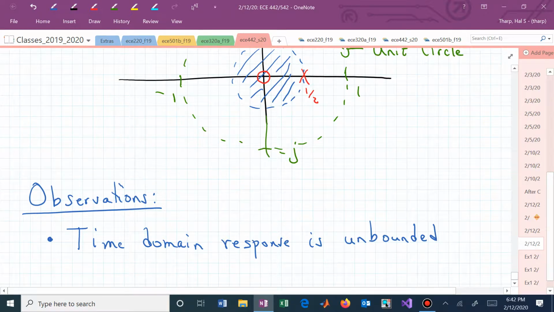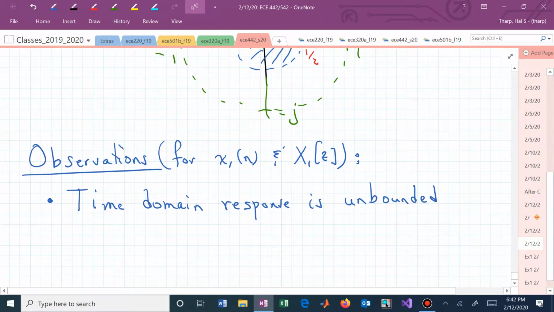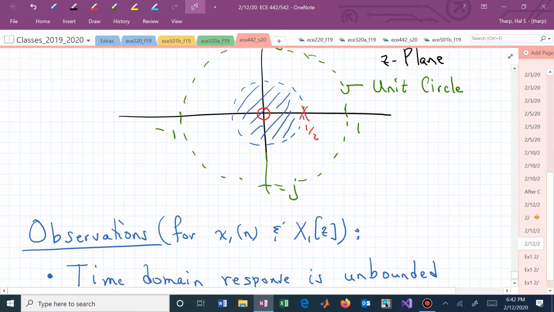Maybe I should say observations. How does the unit circle compare to the region of convergence?